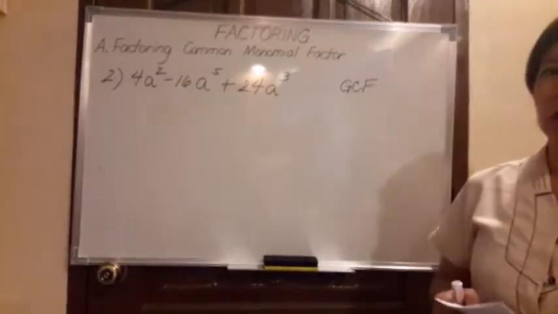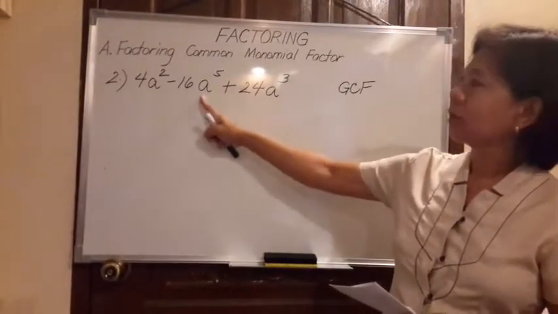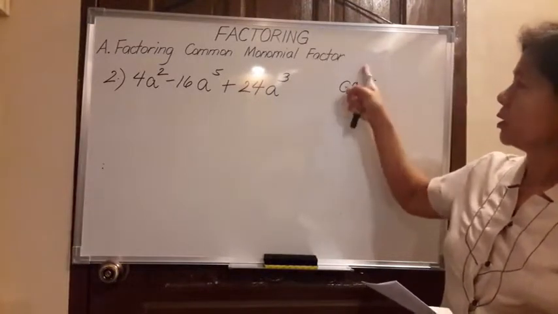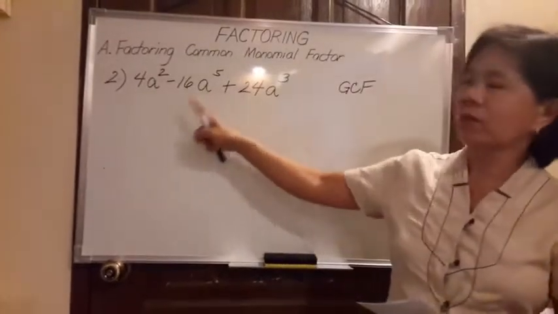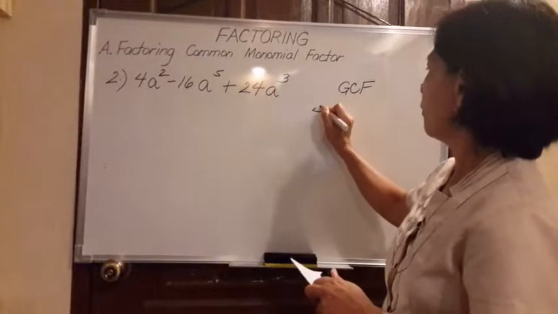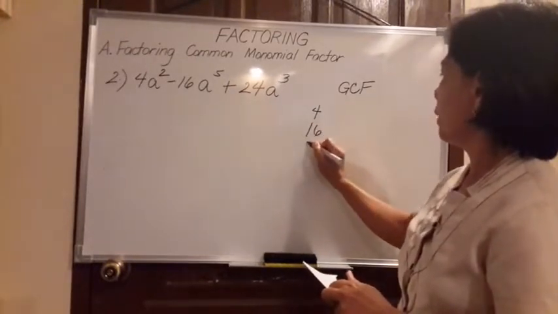Next, we have the second polynomial: 4a squared minus 16a to the 5th plus 24a cubed. So, the same process, we will solve for the greatest common factor of the numerical coefficients. Our numerical coefficients are 4, 16, and 24.